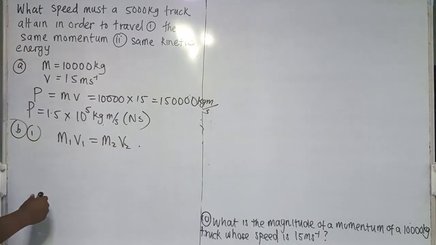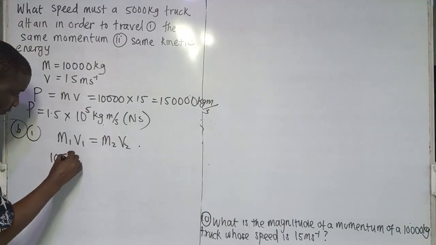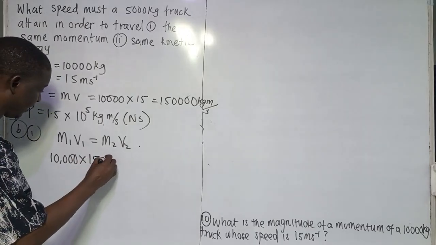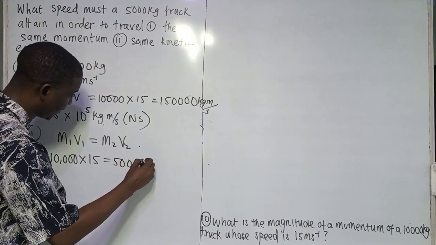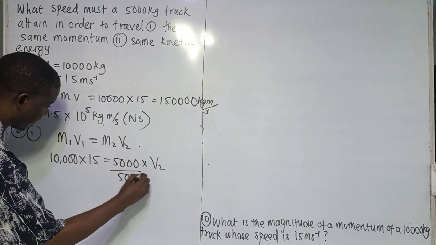In this case, M1 is 10,000, V1 is 15, M2 is 5,000, and we are looking for V2. So divide both sides by 5,000.